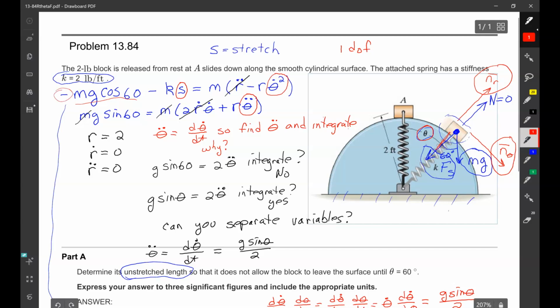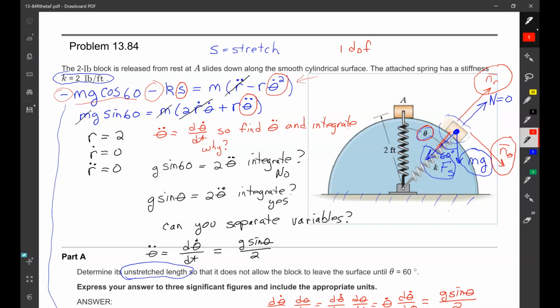That's why it's negative there. And then the spring force is in the opposite direction of nr, right? So that's why it's also negative. K times the stretch, S is the stretch. So those are the forces in the radial direction. That's equal to mass times acceleration in the radial. That's the radial equation for acceleration.